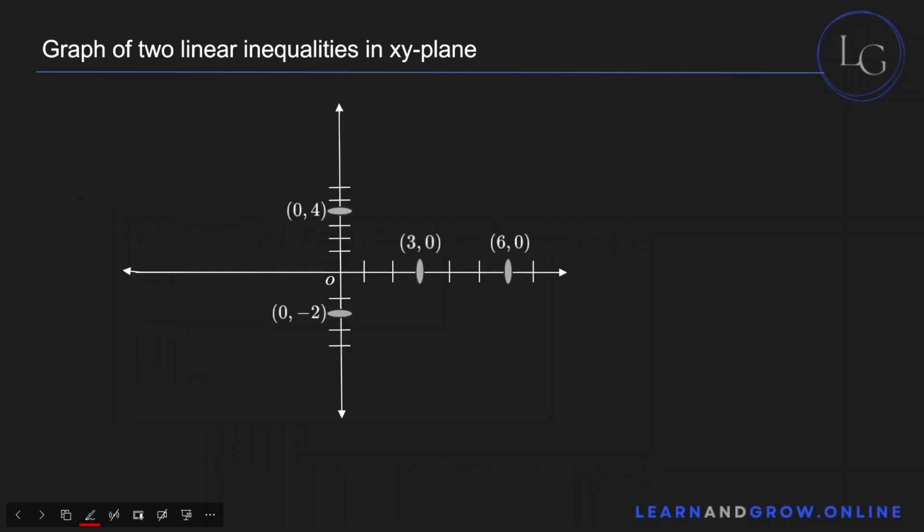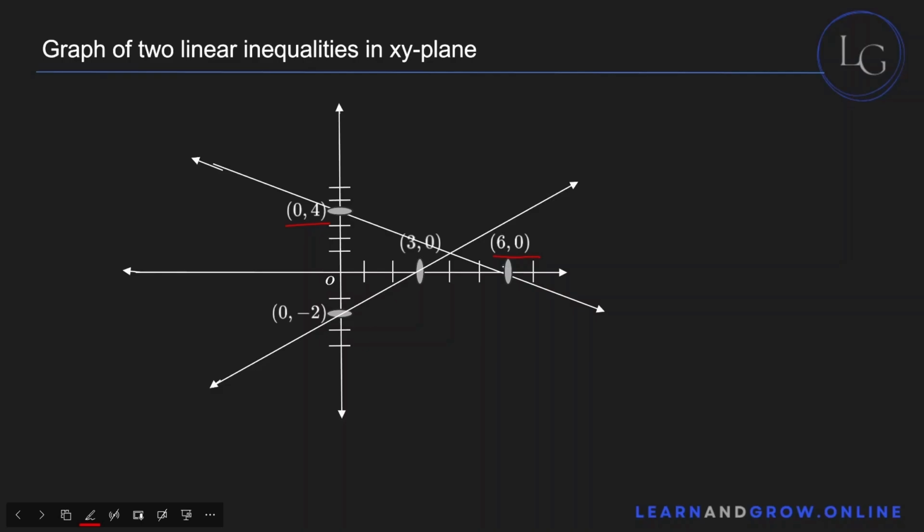Now, this is it. This is inequality number 1 and this is inequality number 2, the graphs. And you found those out by, for example, this is the y-intercept for inequality number 1 and this is the x-intercept for inequality number 1.